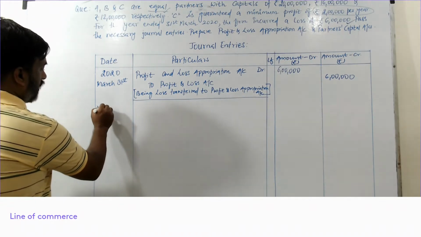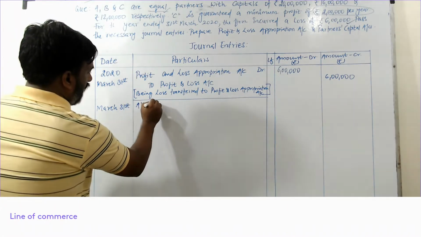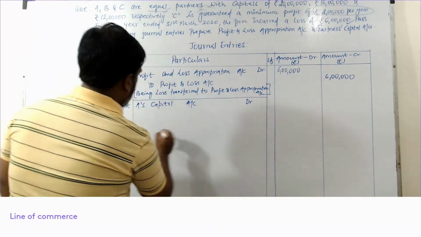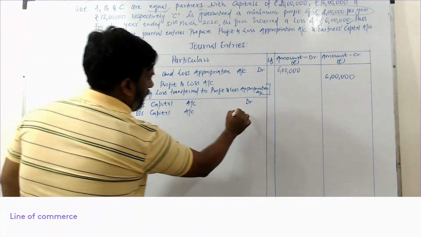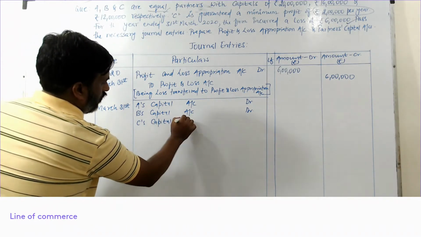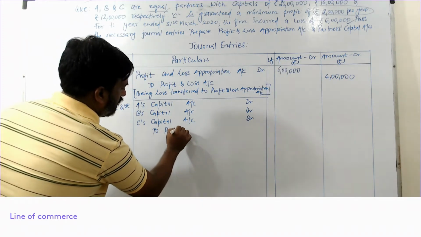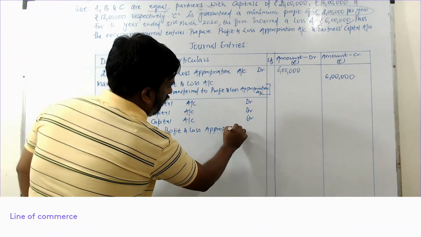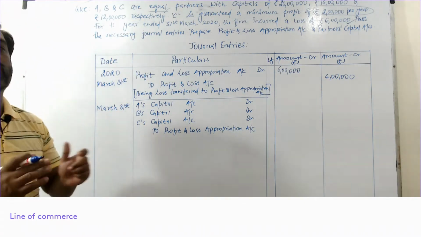So again, March 31st, A's capital account debit, B's capital account debit, C's capital account debit, to profit and loss appropriation account. So this will be your journal entry when you distribute your loss.